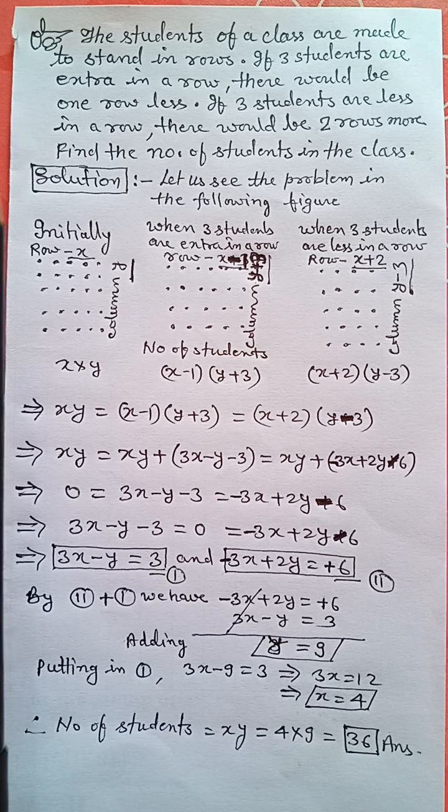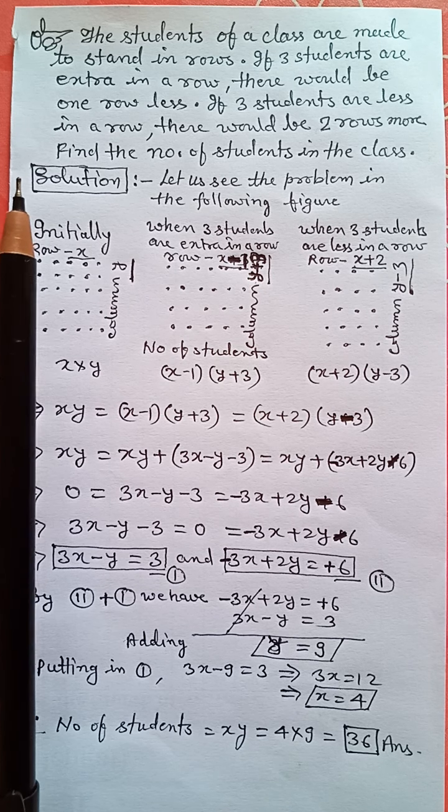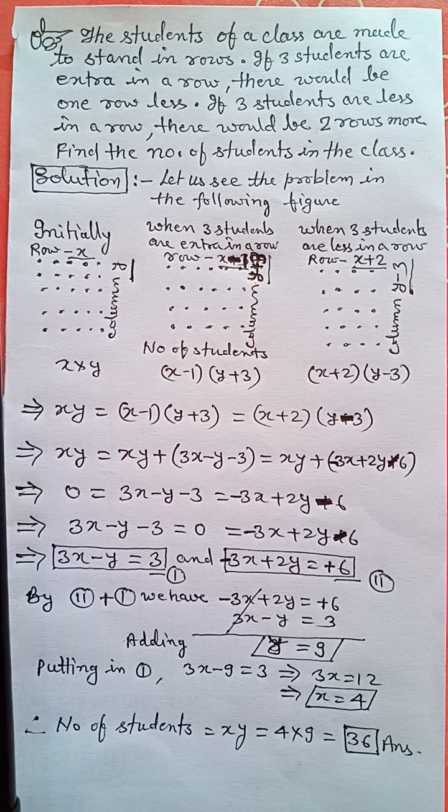Vertical lines are columns. Horizontal lines are rows. Now, if students are made to sit in a row, the number of students in the row is equal to the number of columns.